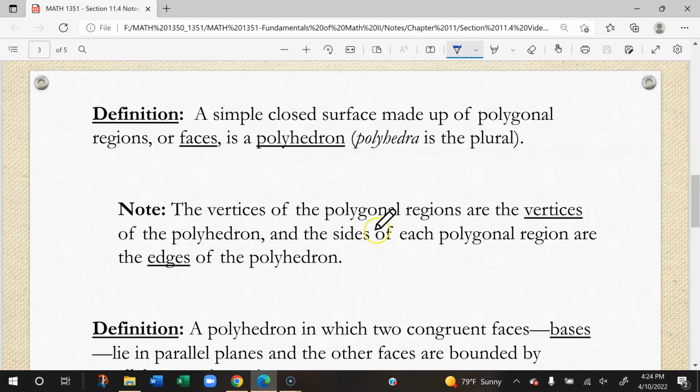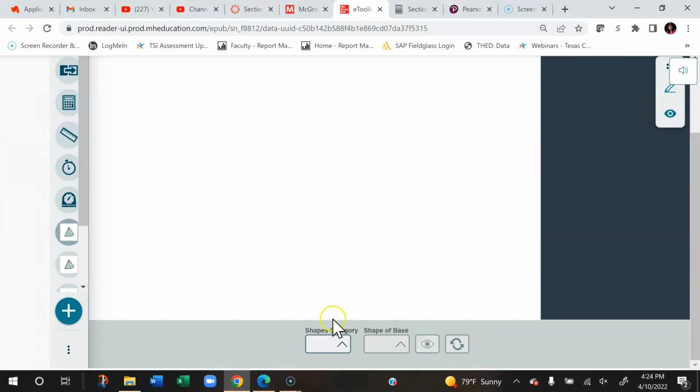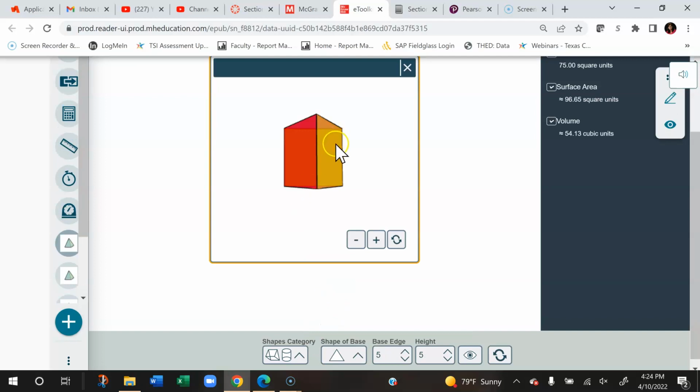The vertices of the polygon region are the vertices of the polyhedron, and the sides of each polygon region are the edges. So let's look at an example of that. I'm going to get rid of this shape, and let's just look at this one, okay? So I'm going to kind of rotate it a little bit.